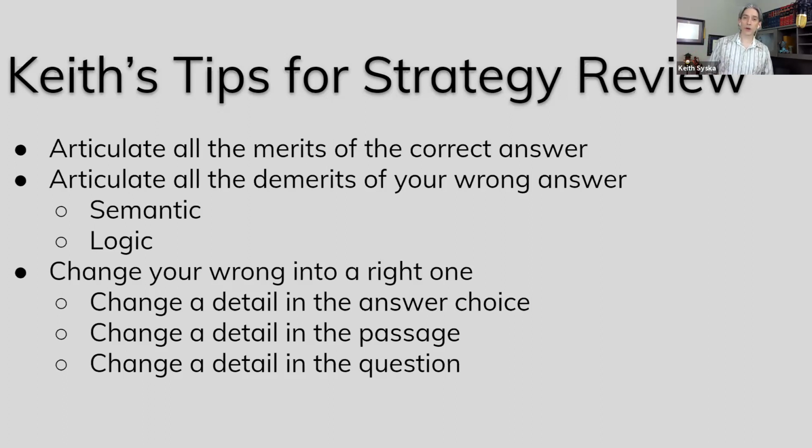And sometimes you have to do more than one thing. I was doing this with one of our participants a day or 2 ago, and the answer was, we have to take a sufficient assumption question and turn it into a necessary assumption question. That's fixing the logic. And we have to take a few of the words and massage them a little bit. That's fixing the semantics of the answer choice.